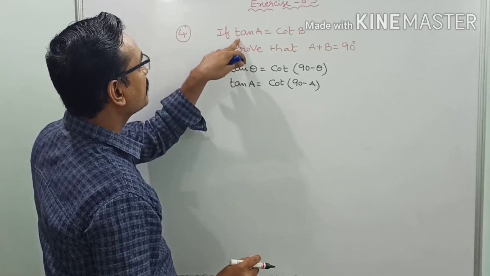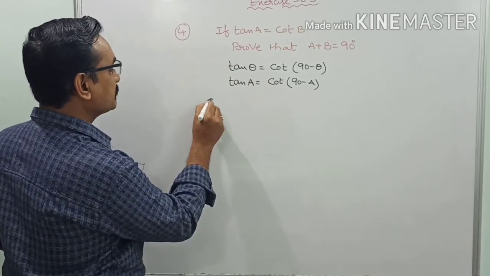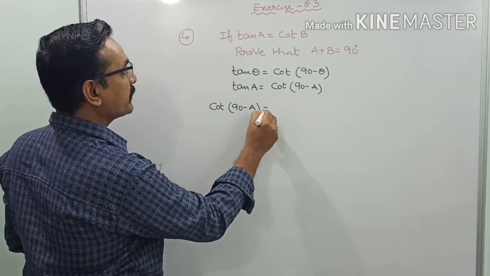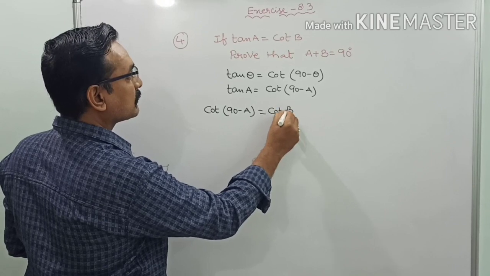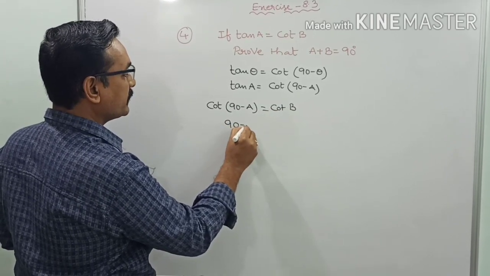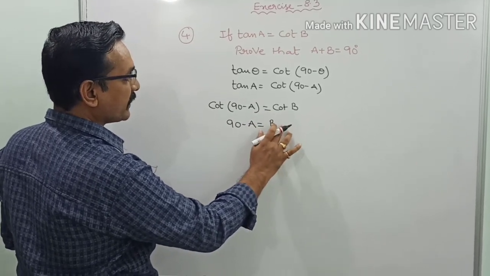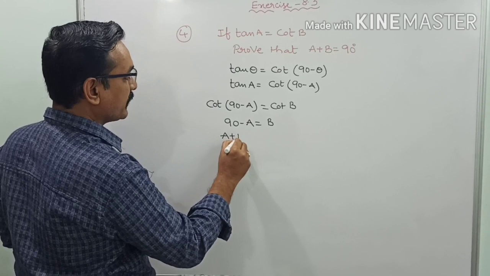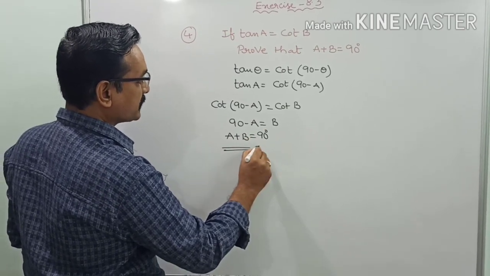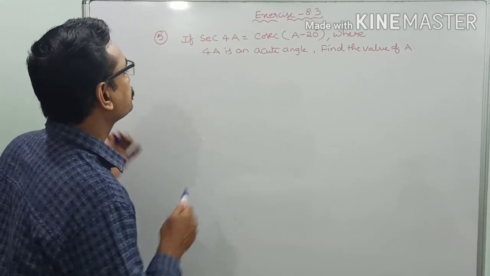Replacing tan A, we get cot of (90 minus A) equals cot B. Both sides cot can cancel, so 90 minus A equals B. If you transpose A to the right hand side, A plus B equals 90 degrees. Hence proved.